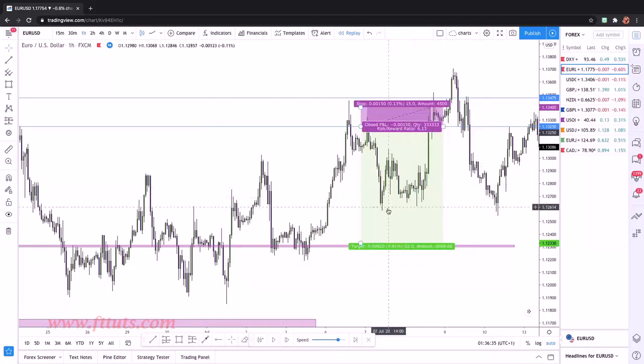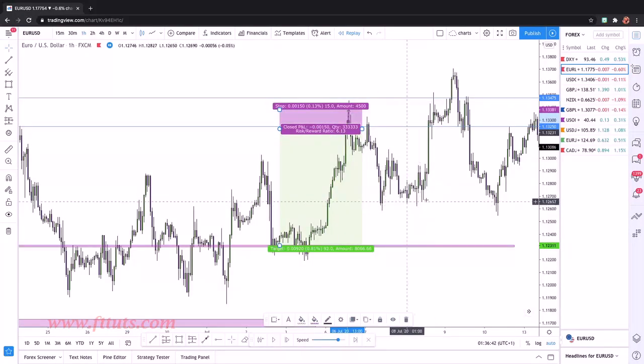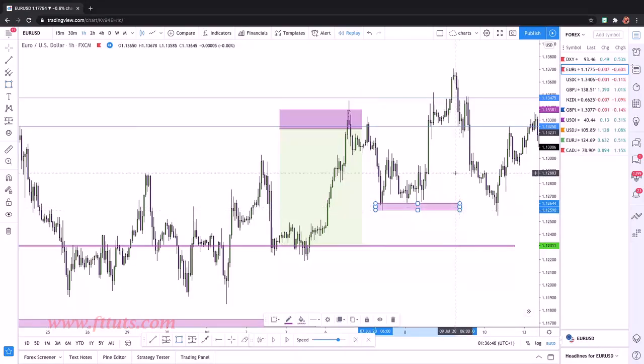But then what ends up happening is it respects structure. So it does a correction, then comes back down. So as you're seeing these wicks, it's telling you that price isn't going to reach that target, okay?